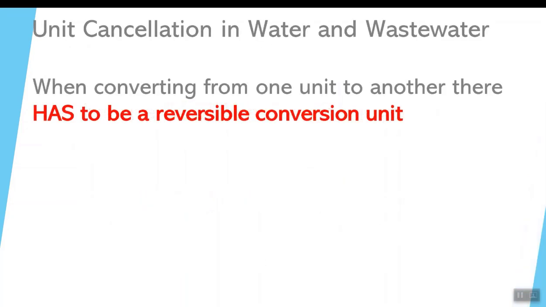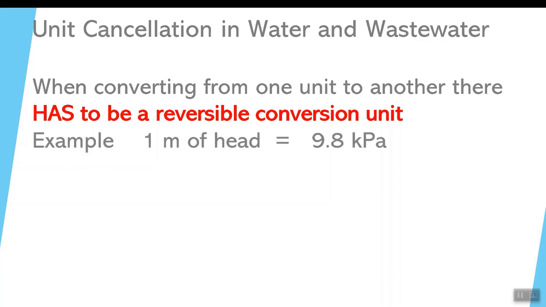Now, whenever you are converting something to something else, there has to be a conversion unit that's reversible. You know, how many grams to a kilogram? Well, it's not just converting grams to kilograms. You can reverse that to go how many kilograms converted to grams. So that's just classic. For example, if you have 1 meter of head pressure, that's equal to 9.8 kilopascals of pressure.